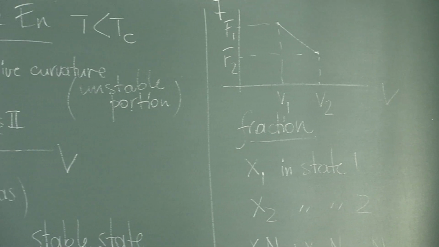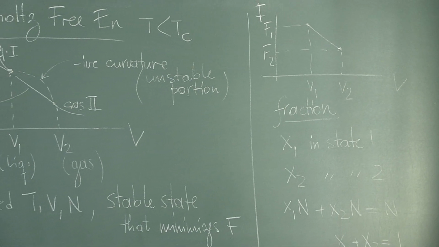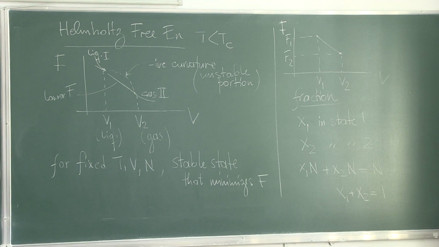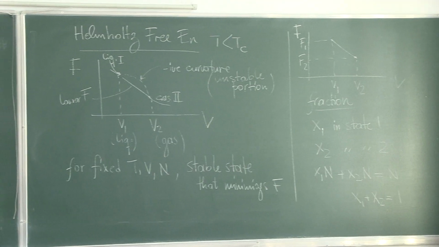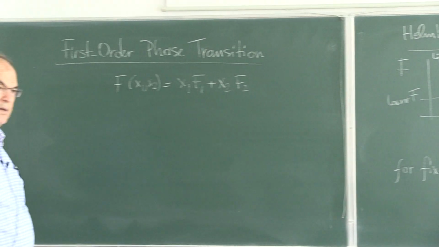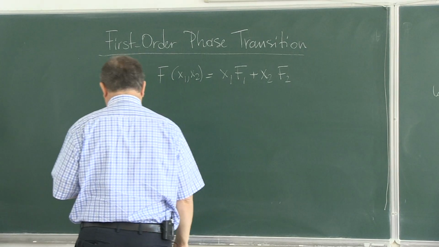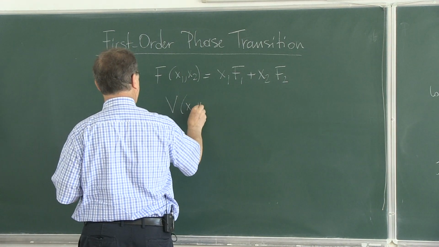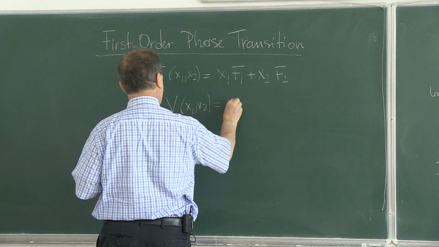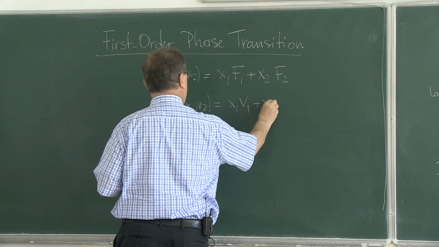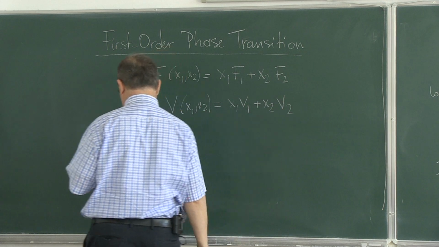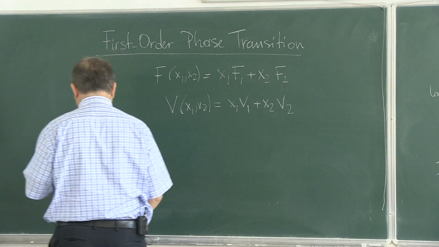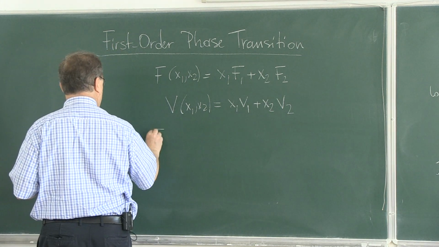Free energy becomes x1 f1 plus x2 f2. Okay. Total volume becomes x1 v1 plus x2 v2. Or we can write these as follows.